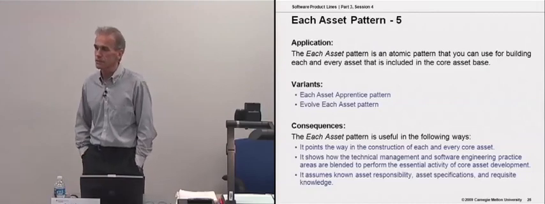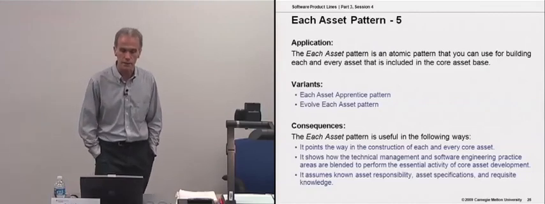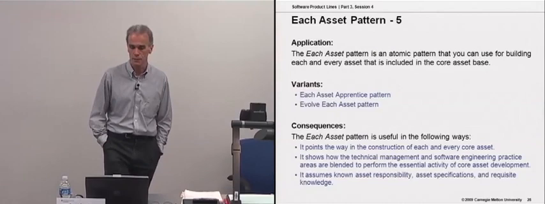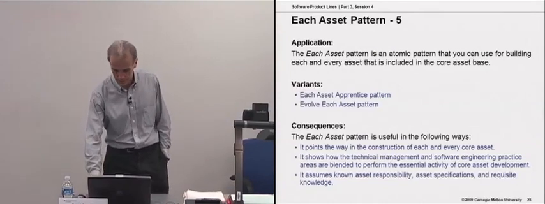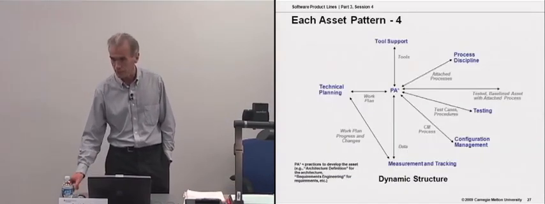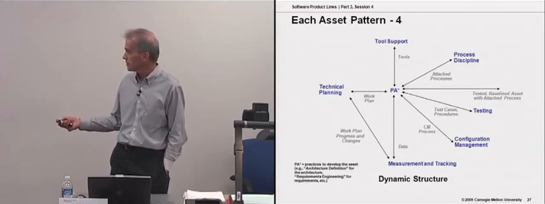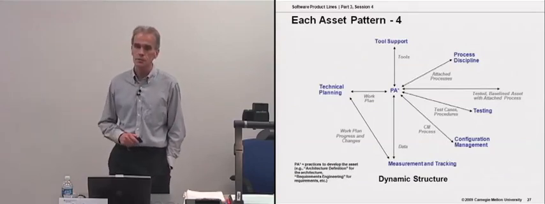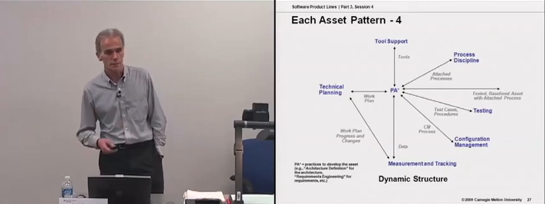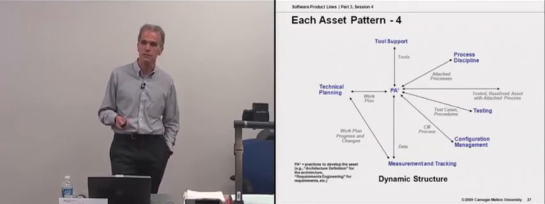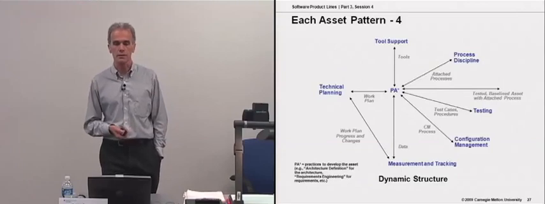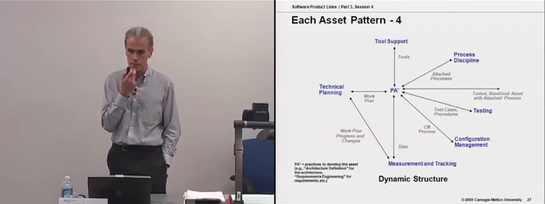There are a couple of variants of this. There's the one we call each asset apprentice, which means, if I go back to this slide for a moment, that for one or more of these practice areas, there is a need to strengthen your competence or capabilities in those areas before you can take on the job of creating an asset for a product line.